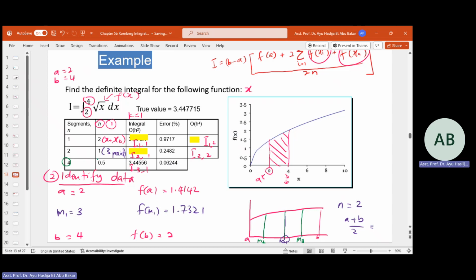As you can see over here, we have obtained our h in the first place, for 4 segments, h is 0.5. So to get M2, A plus the h. What is your M2? Correct, 2.5. M3? Yes, 3.5.